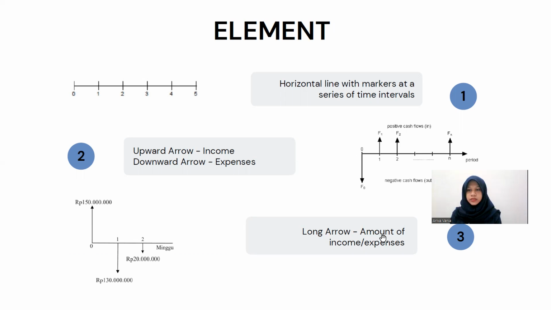The last one is the length of the arrow, which represents the amount of income or expenses. Like this, we have a longer arrow for 150 million than for 130 million.